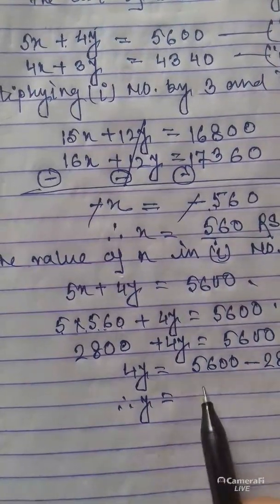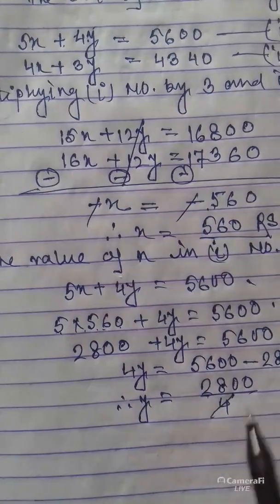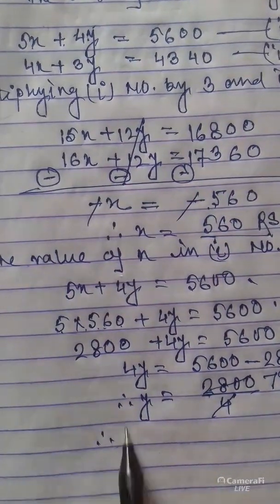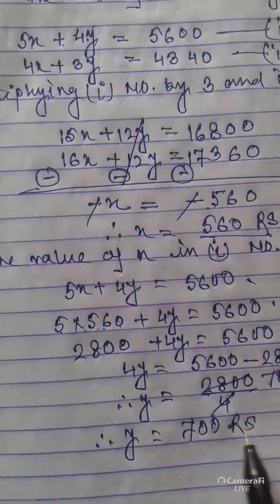Therefore y equals 2800 by 4. 4 sevens are 28 and 00. Therefore y equals 700 rupees.